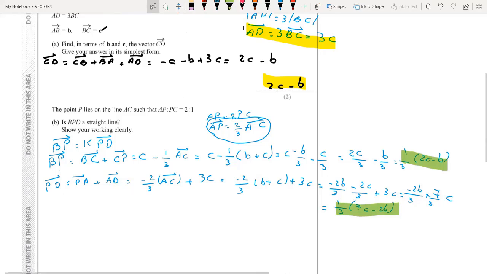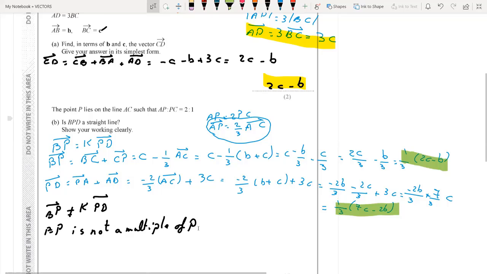So from the comparison, we find that BP vector does not equal a constant multiplied by PD vector, which means that BP vector is not a multiple of PD, which means that BPD is not a straight line. Like this, the problem is solved.